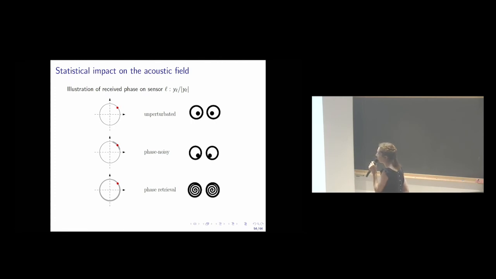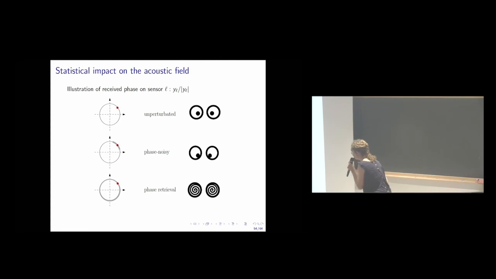And in case of phase retrieval, you don't know anything about the phase. That is, for example, the case in the saturated regime. The phase is totally lost, or actually you have such a big noise that it's very, very difficult to go to the true one.